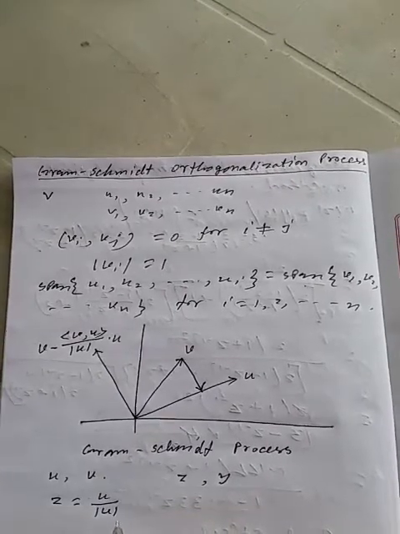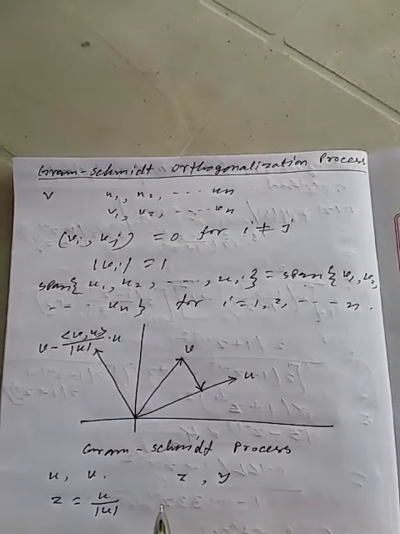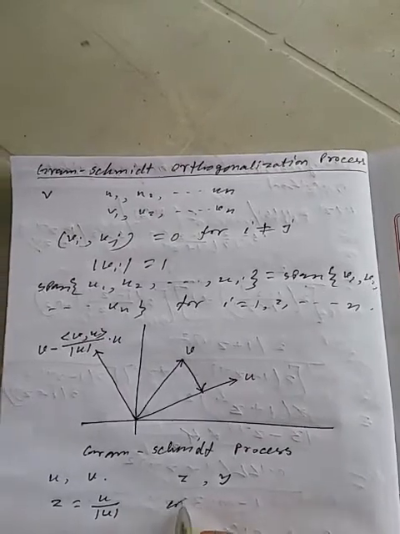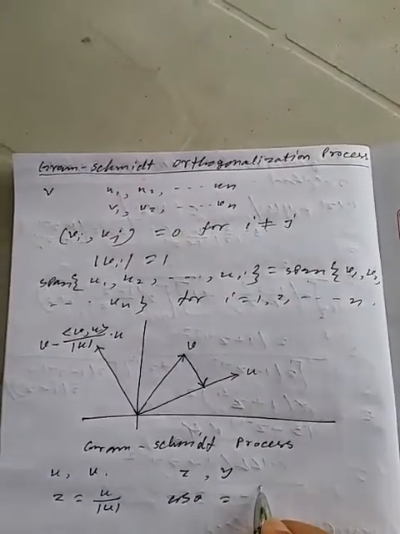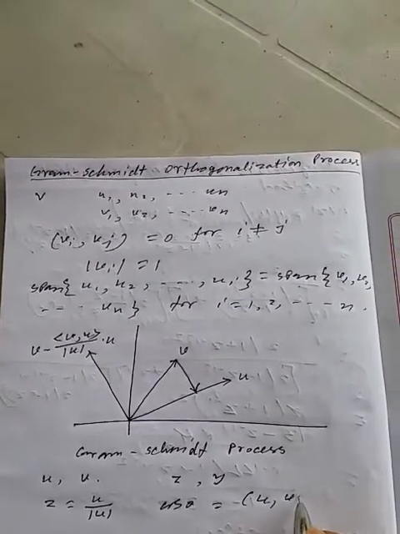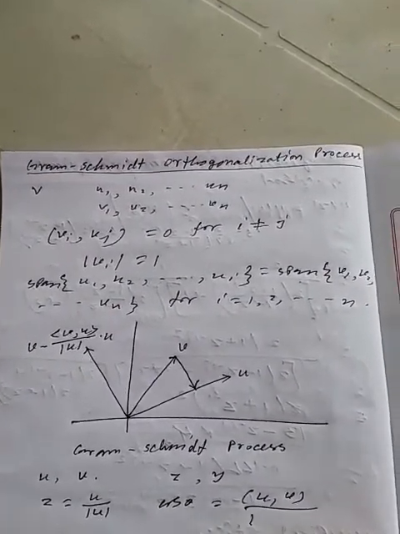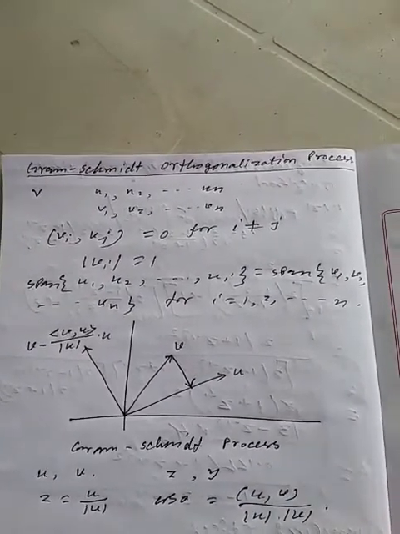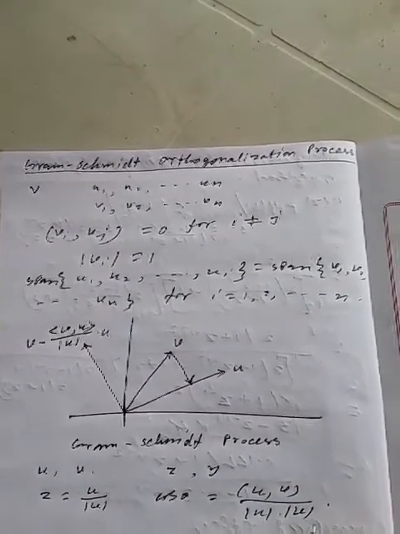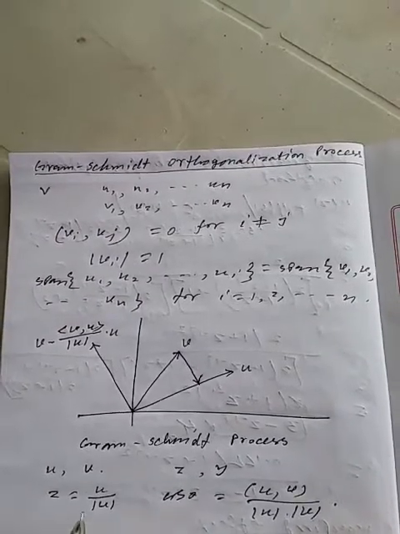Also cos theta equal to the inner product of u and v divided by mod of u into mod of v, where theta is the angle between u and v.